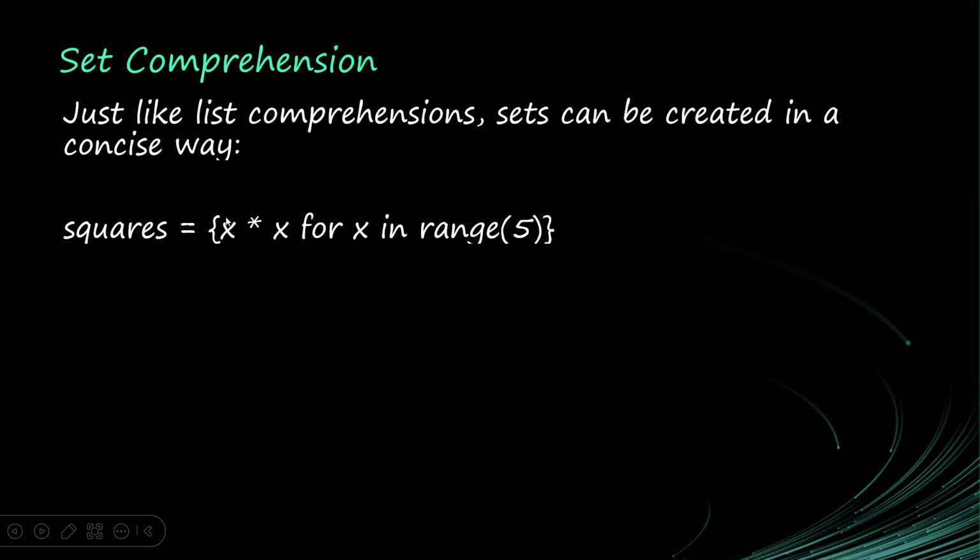Remember, the difference between list comprehension, set comprehension, and dictionary comprehension is that set and dictionary comprehensions both start with curly braces. But in a dictionary, you do x, colon, then the value. Here we are doing x times x, which is the expression.